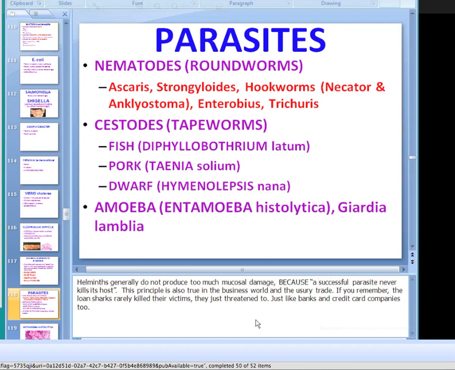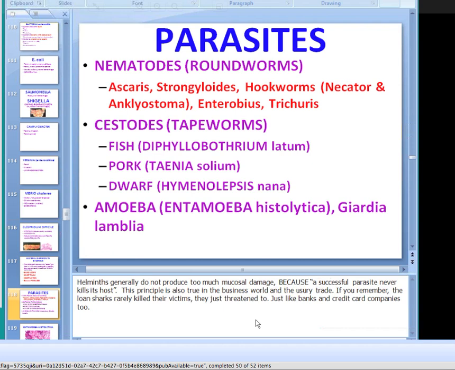Now, the general principle is, with a couple of exceptions, the parasites that are worms do not generally produce much by way of histopathologic changes in the bowel or serious morbidity and mortality.